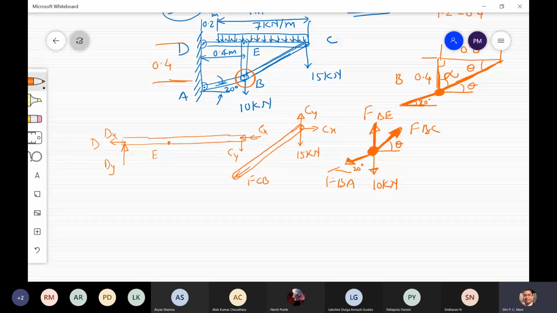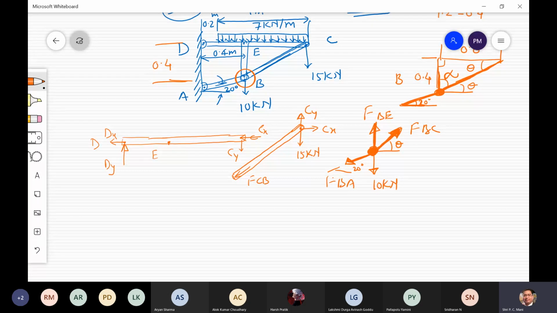Okay, clear? Again here you have to draw the pin. If you are removing this one, the weight, so this will be Cx prime, this will be Cy prime.